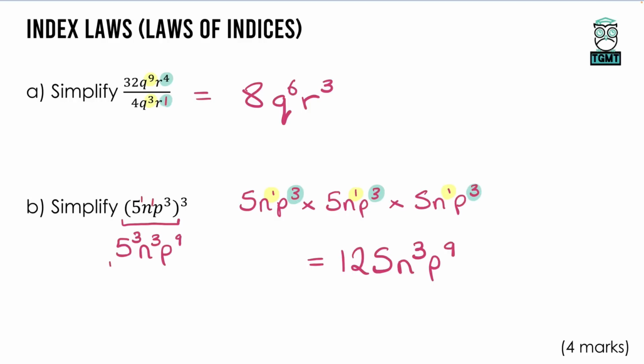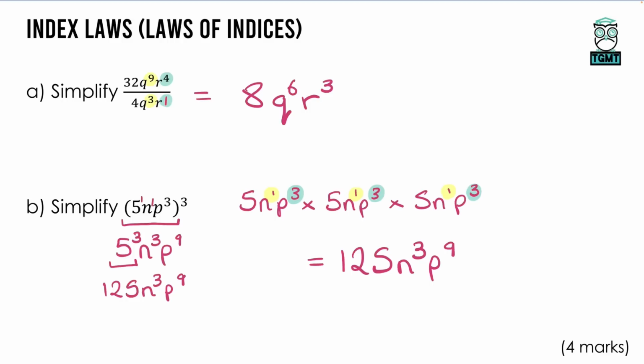You just need to make sure at this point you actually do 5 to the power of 3, which is, as we've just worked out, 125, and then n to the power of 3, p to the power of 9. Doesn't matter what approach you take, but I do like this method of writing it out 3 times, or whatever that power is, outside the bracket, just to make sure that we can see all of those powers that we're supposed to add together.